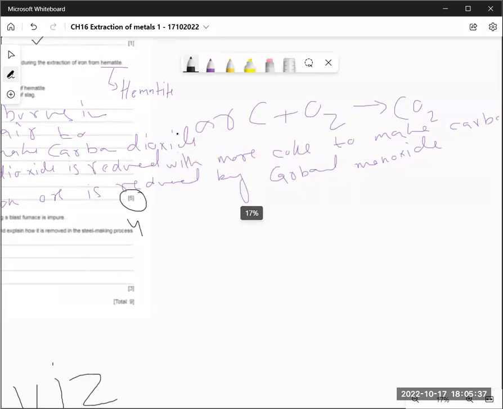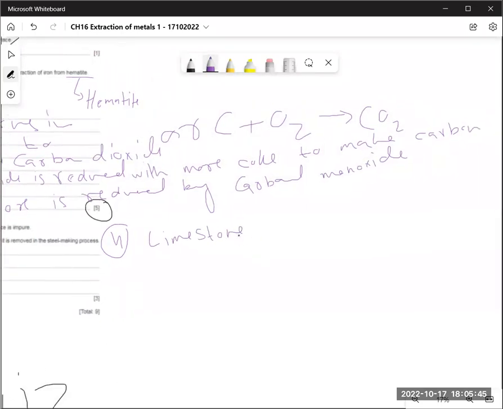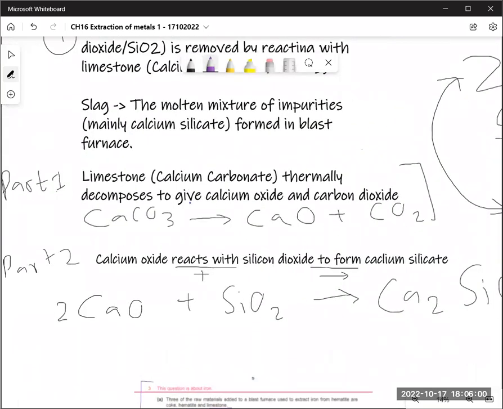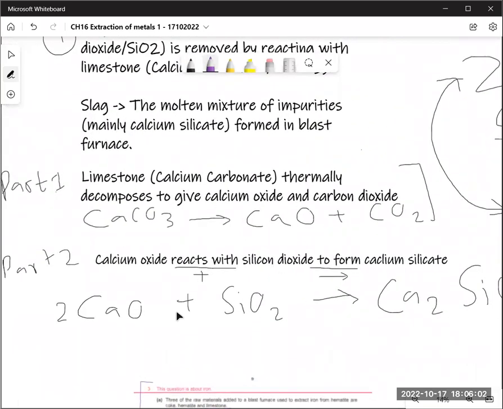Step 4 is limestone. Tell me, Diana, what do I write? Step 4, part 1. Limestone decomposes to give calcium oxide and carbon dioxide.